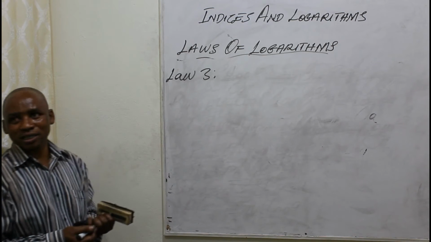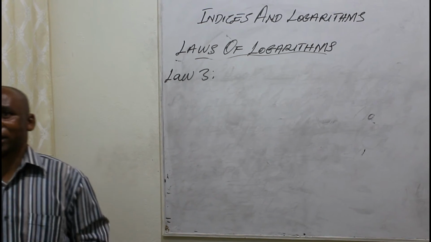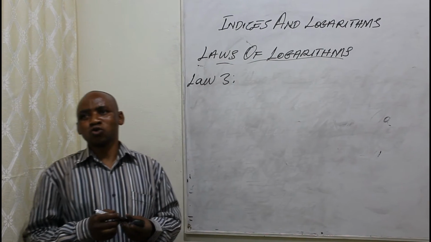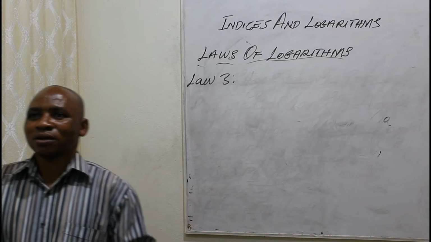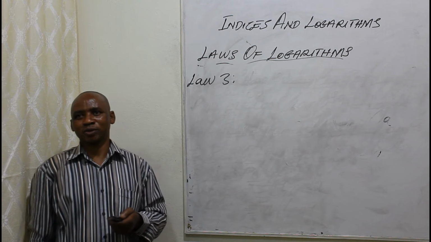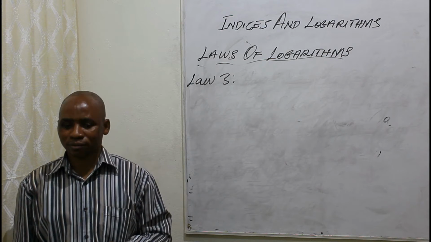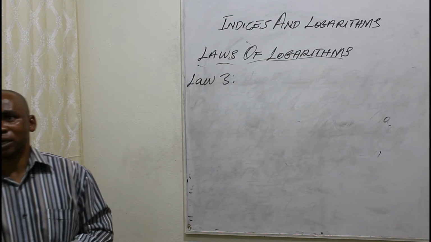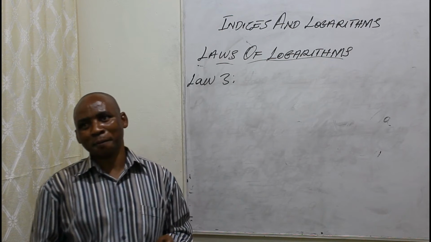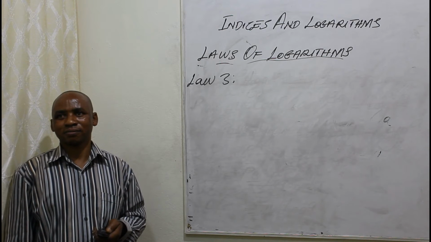What it simply states is that when you take the log of two numbers dividing each other, it will always be equal to the log of the numerator to the same base as before minus the log of the denominator to the same base.